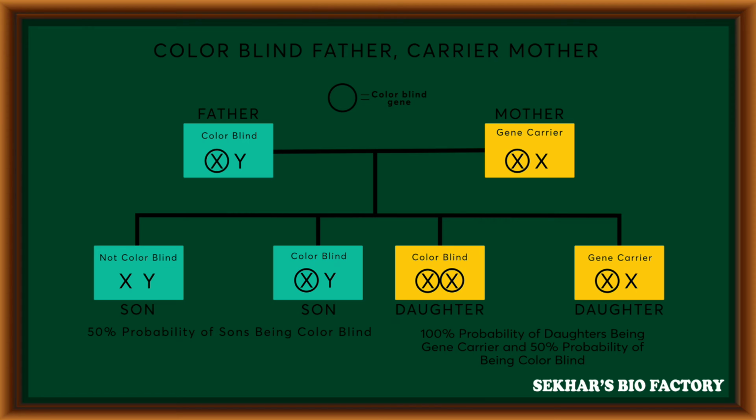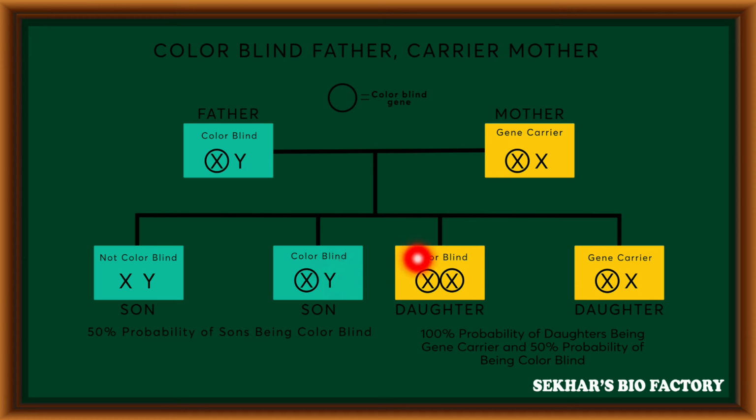When we observe the inheritance pattern of color blindness, in case of a color blind father and carrier mother, the father is color blind because of a defective allele on the X chromosome and the mother acts as a carrier. In this condition, by conducting a cross between these two individuals, the first offspring, a son, is normal and not color blind, and the second son, because of a defective allele on the X chromosome, becomes color blind.